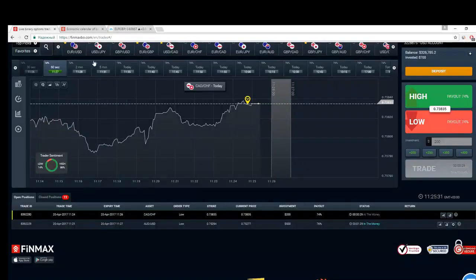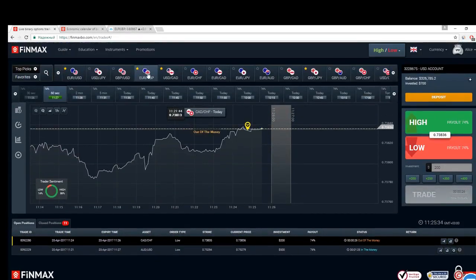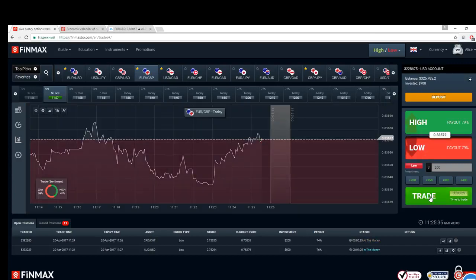Euro to British pound also an interesting case. Will enter follow.